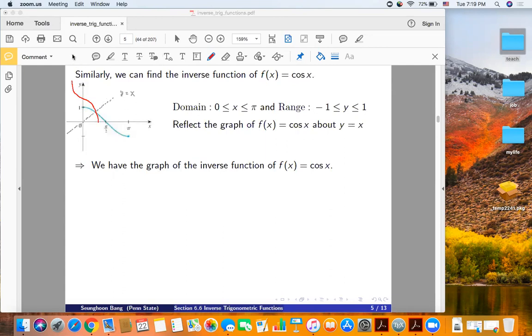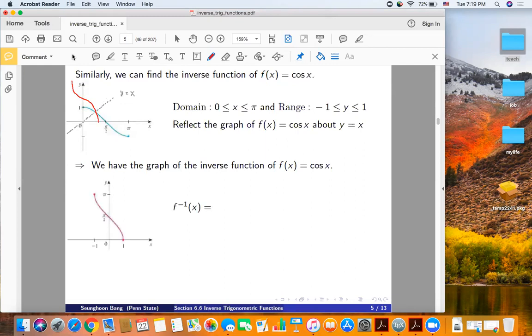So we have this one. The notation of the inverse function is inverse cosine or arc cosine. The domain is minus 1 to 1. The range is 0 to pi. The same as before: the range of f becomes the domain of the inverse function.